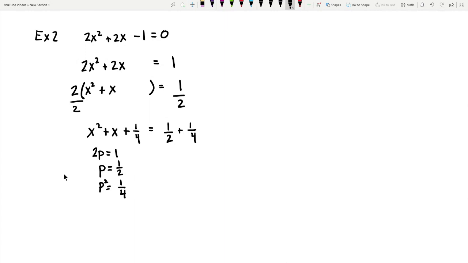And then again, I've got fractions in here, but I really don't care because I've got all the pieces I need. I know the left-hand side has to factor into (x + p), right? So (x + 1/2) squared. On the right-hand side, I've got 1/2 plus 1/4, that's 3/4.